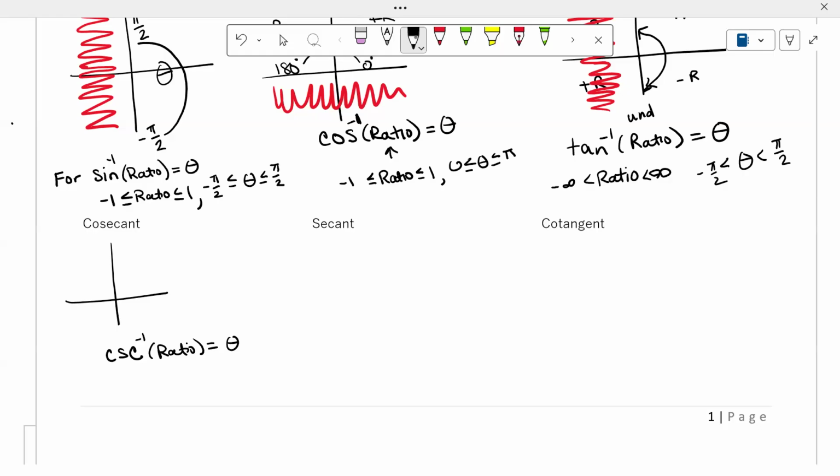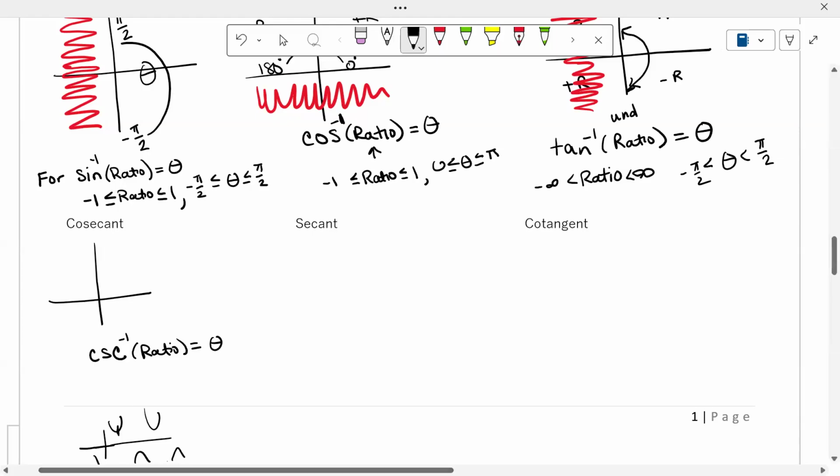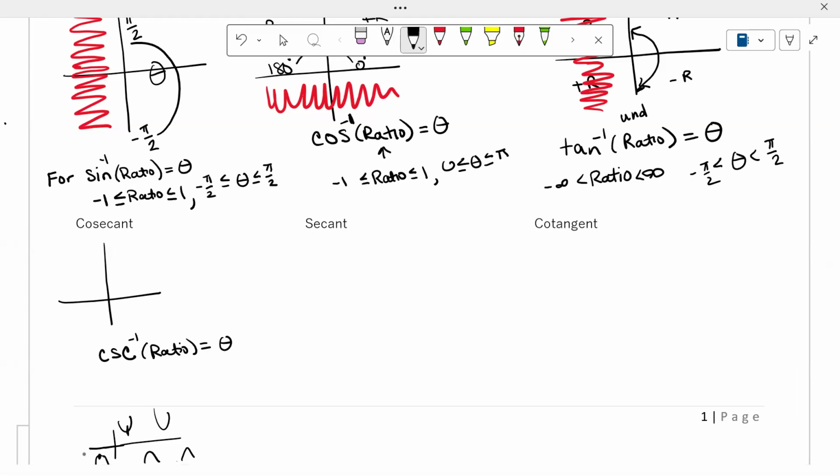Remember when we graphed the cosecant function, how it looked like a u up, a u down, a u up, a u down. Okay. To be one-to-one, let's go back to your algebra class again. It has to pass a horizontal and a vertical line test, right? So we actually cut this off and this off, which means we go to negative pi over 2 to positive pi over 2 to keep it one-to-one.